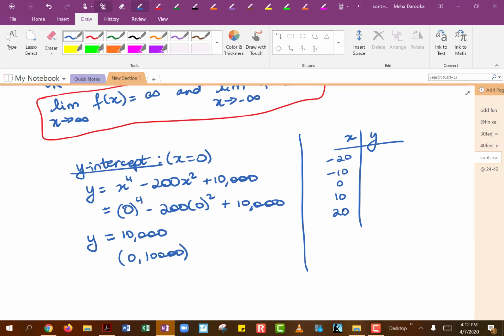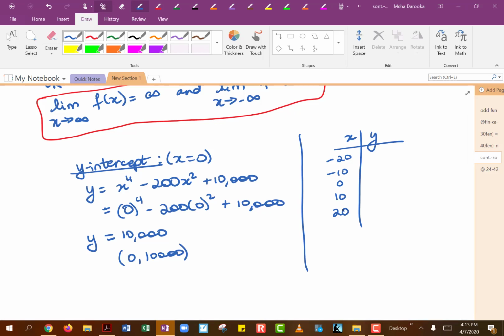So let's start with negative 20, which is raised to the fourth power, minus 200 multiplied with negative 20 to the second power, and then we are adding 10,000 to that.